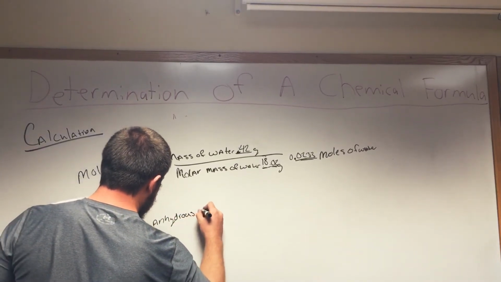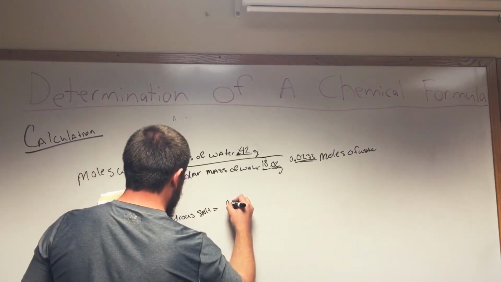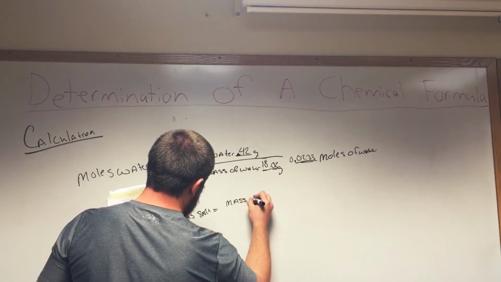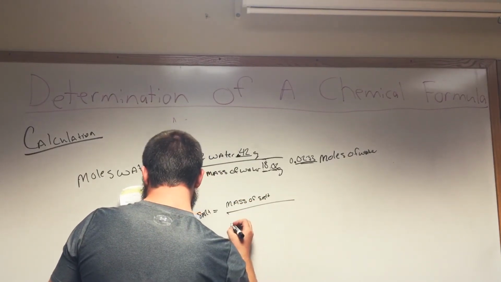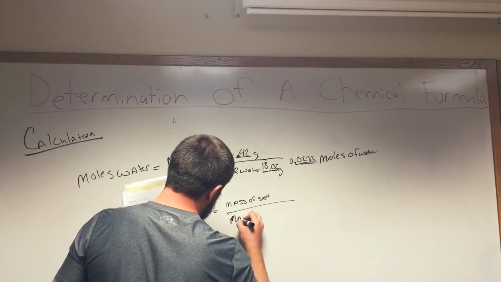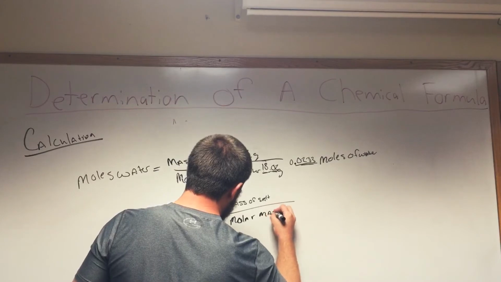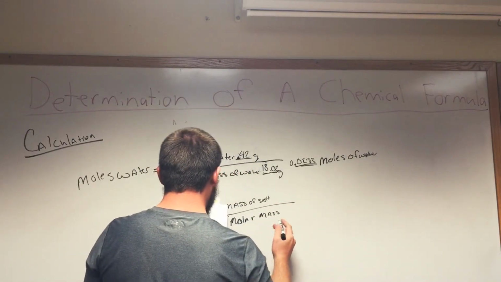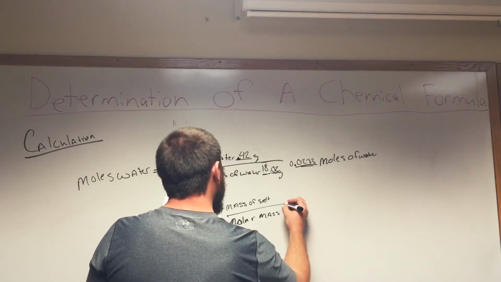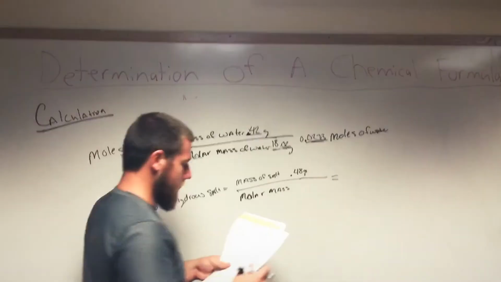And then for the moles of anhydrous salt, you do the mass of salt over the molar mass. In this experiment, it was 0.48 grams.